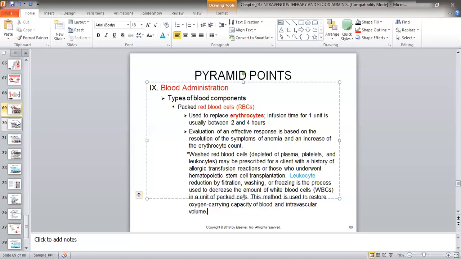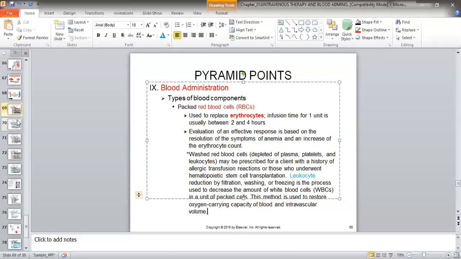So before blood transfusion, we must check the blood type and cross matching. Sometimes the NCLEX board asks, in order to determine the donor compatibility, what must be done? One is blood typing and cross matching.